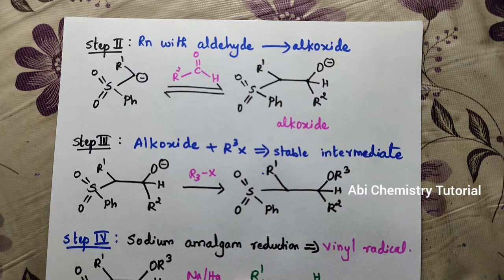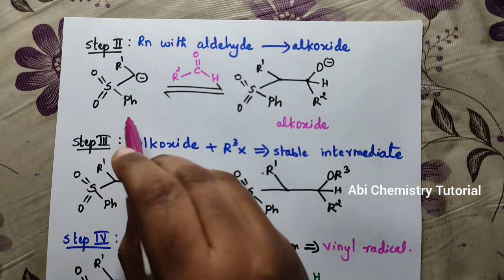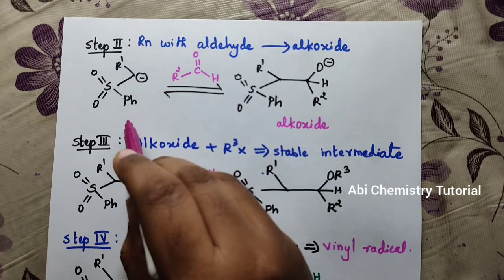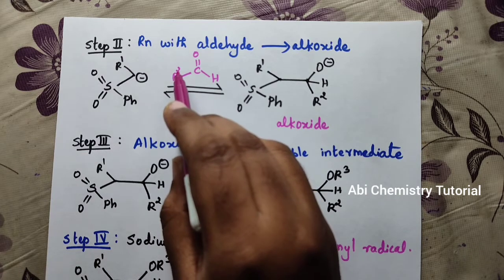Step 2 is the reaction of the formed carbanion with the aldehyde to form an alkoxide. This is the carbanion we got in the first step, and here we have the aldehyde with the second alkyl group, R2.